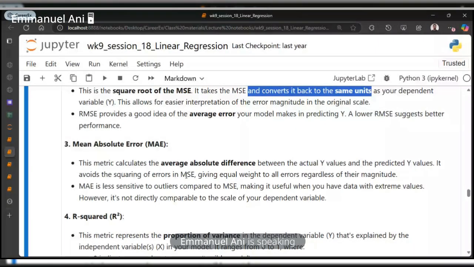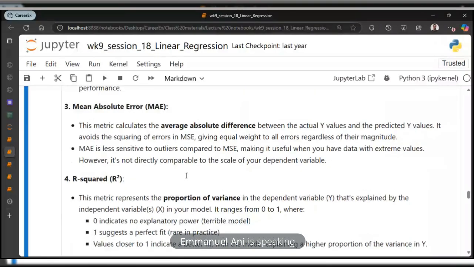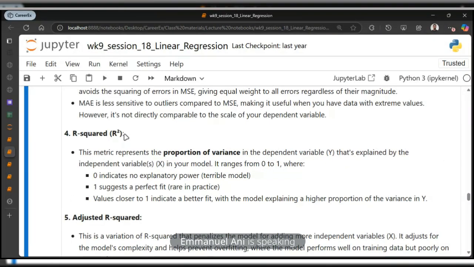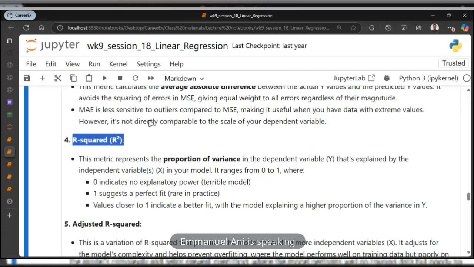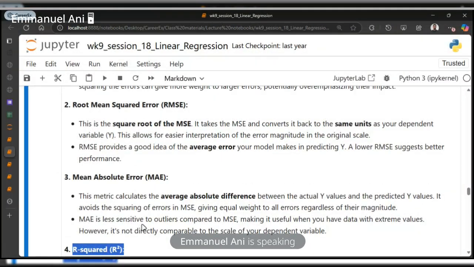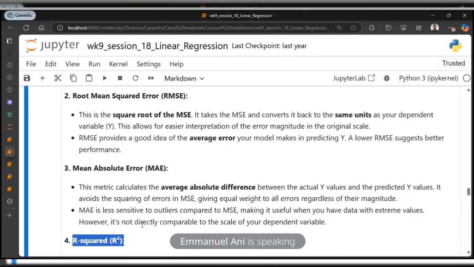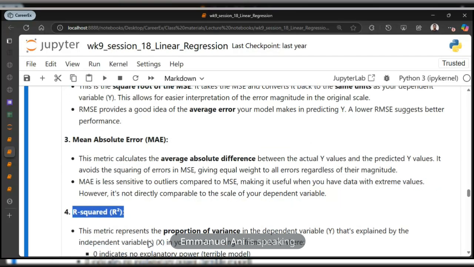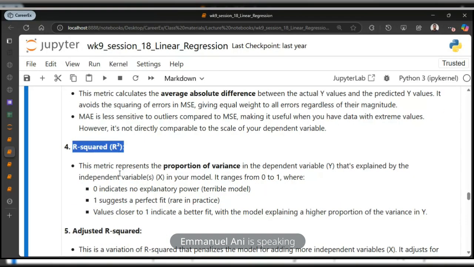So we also have R squared. R squared is actually a different metric, all right? Mean squared error, root mean squared error, and mean absolute error are used in your training to get the best fit. R squared is quite different. What R squared does is that it represents the proportion of variance.